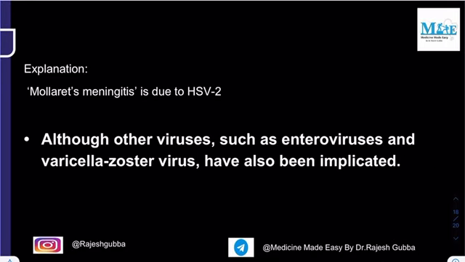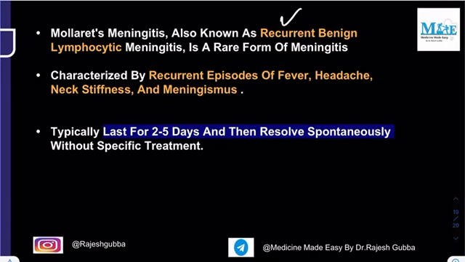So Mollaret meningitis, also known as recurrent benign lymphocytic meningitis, is a rare form, and the clinical features will be the same, that is fever, headache, neck stiffness, and meningismus. These features of meningitis last for nearly 2 to 5 days and resolve spontaneously without any specific treatment.